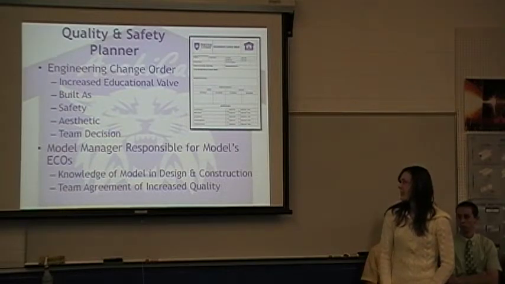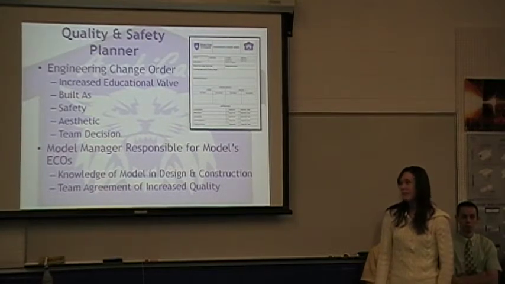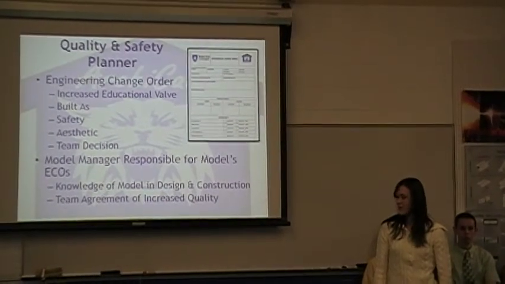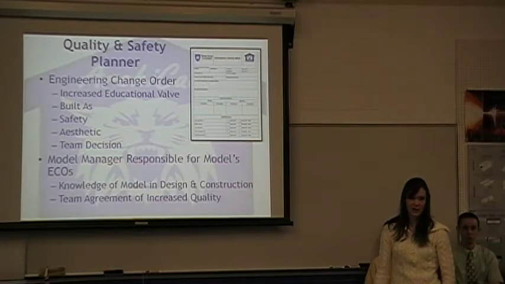We had the managers for each of the different models be in charge of their own engineering change orders because they had the most knowledge about their model as well as just more experience with it, and then we had everybody sign off on it that it was a team decision to increase the quality.